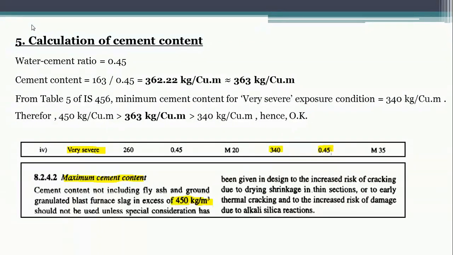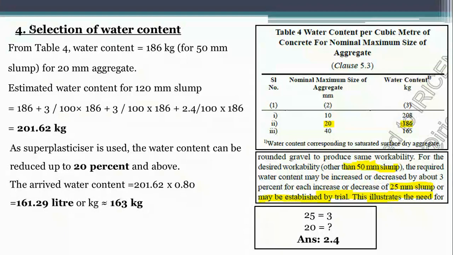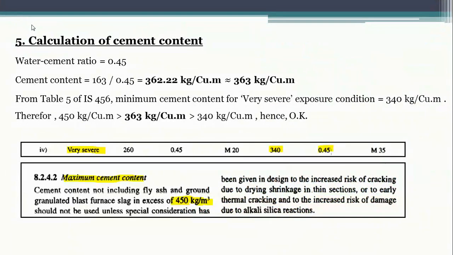Cement content is equal to water content divided by the water cement ratio, W by C, so you will get C as the answer. 163 is the arrived water content after reducing it because we are using admixture. 163 divided by the adopted water cement ratio 0.45, you will get 362.22. I have approximated it to 363 kg per meter cube.